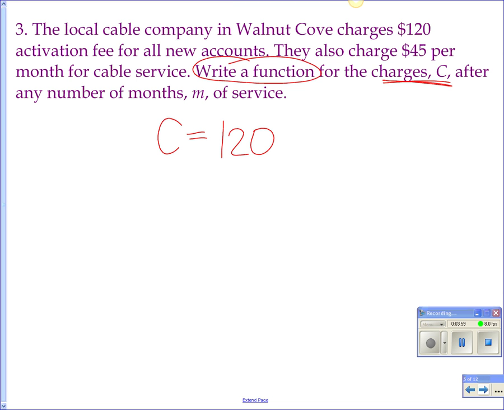So they're only charging you that one time to activate your account. Molly, what else? So are they going to add that to your charges or take it away? Good. And how do I write that? 45? Good, because it's per month. When y'all see per month or each month, you need to put a letter beside it.